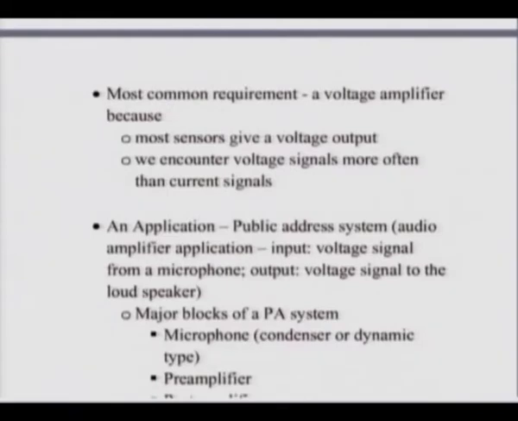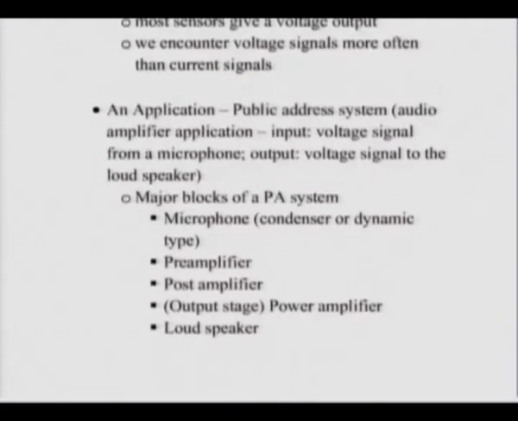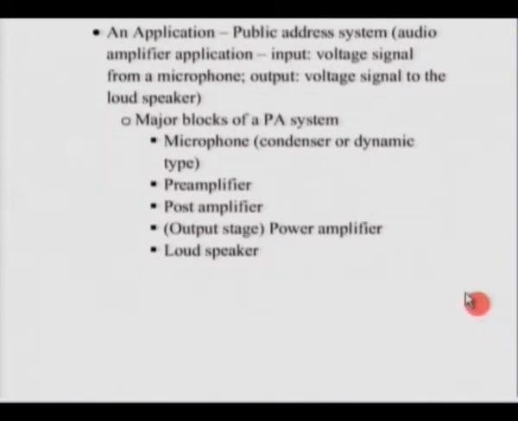Then we talked about a public address system. We said a typical application, we can keep it in mind, like a public address system, you have a sensor, which is a microphone, which gives you some output which needs to be amplified, and an amplifier. Generally in a public address system, you need a pre-amplifier.